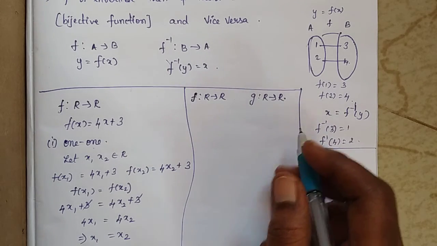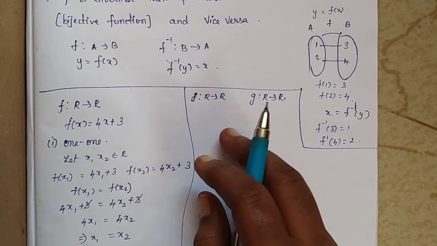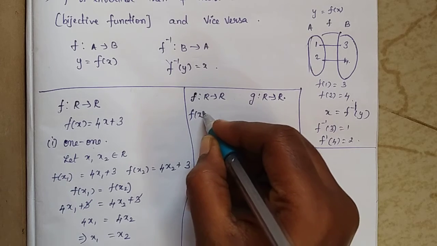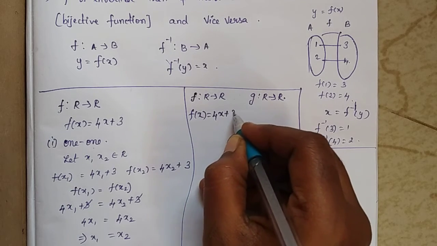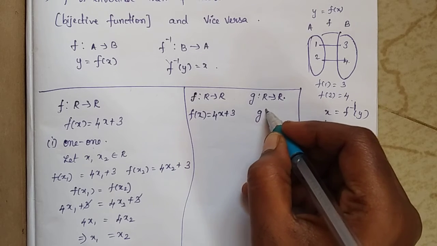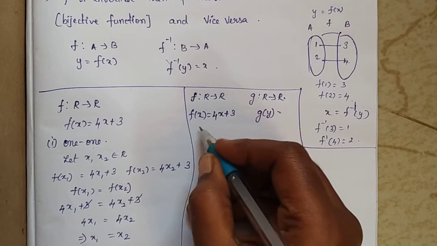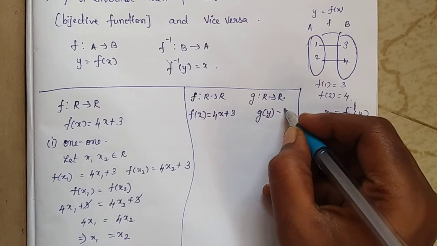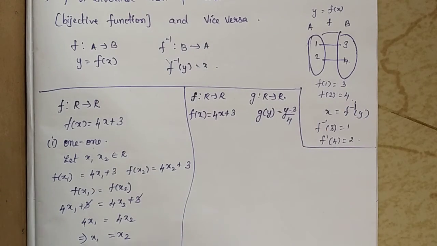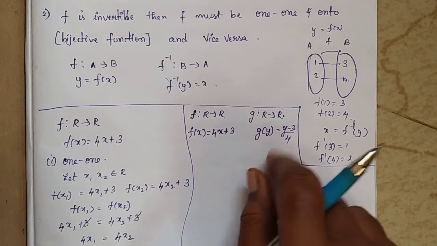Whenever we go for composition of functions, we have to see whether the identity function is there or not. Now see here, f of x is equal to 4x plus 3. Then what will be my g? g of y will be (y minus 3) by 4. What we have done here, the same will be here also.